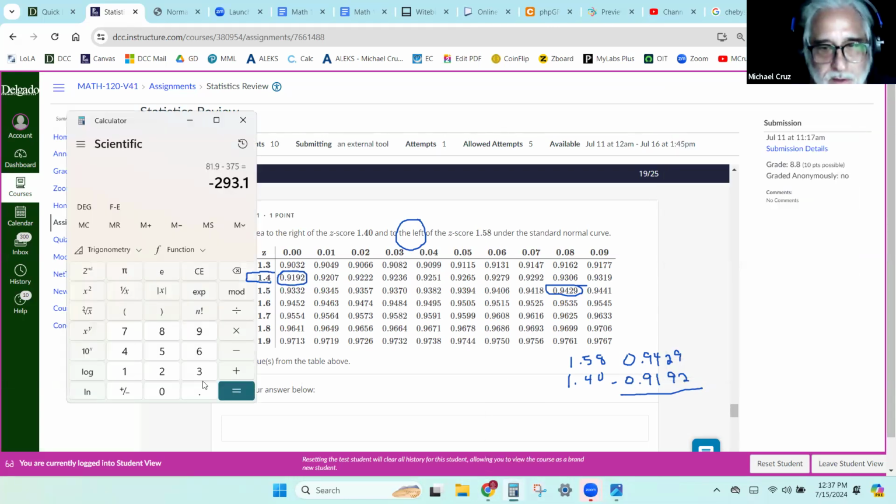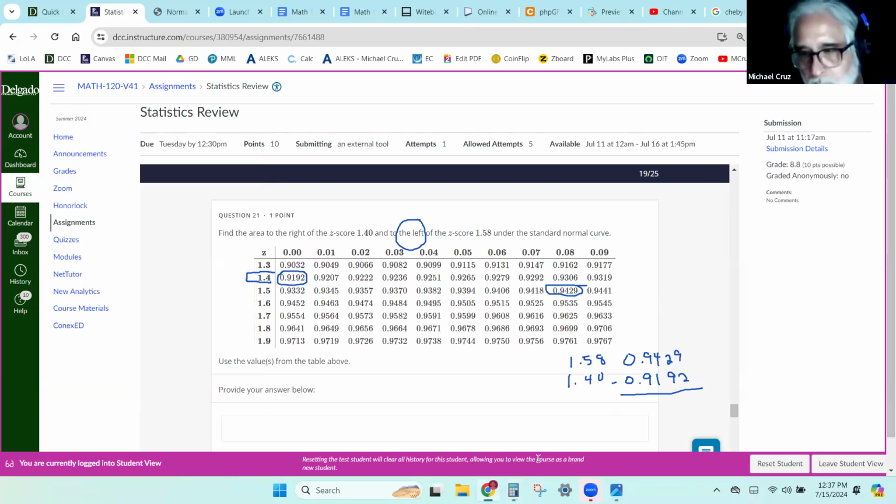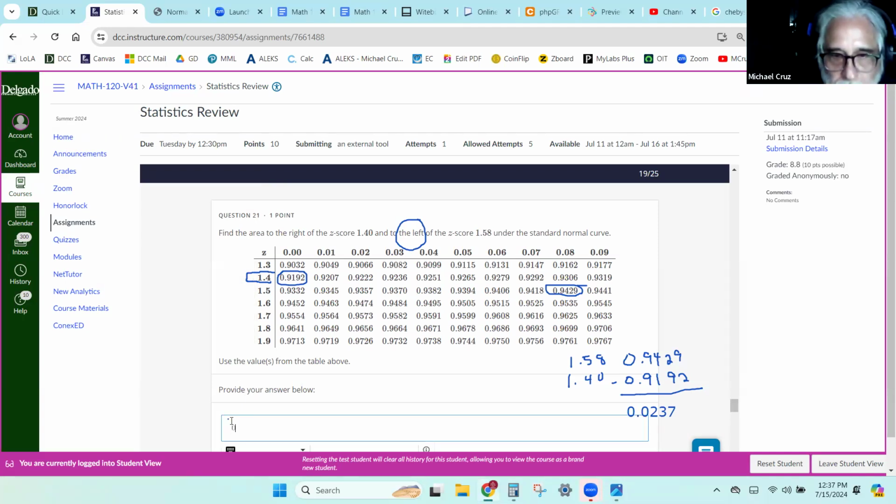But let's go ahead and do this. So then that says find the area. So then what we're going to put here is 0.0237.